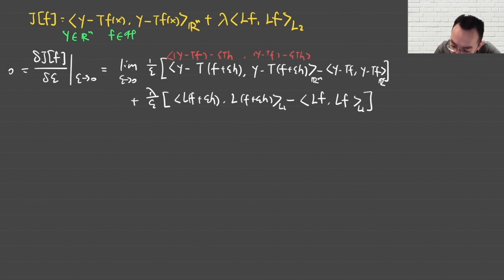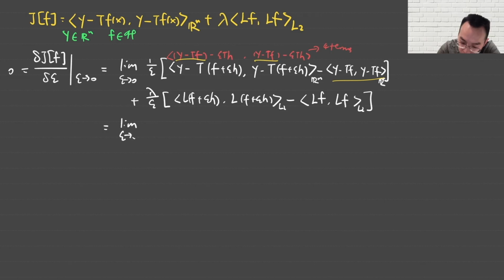Then we can just distribute things, and we'll have four terms out of this. The only terms that are going to survive are the terms with one epsilon in them, and the first term cancels. When you multiply the first terms of the inner product together, that cancels with this term here.